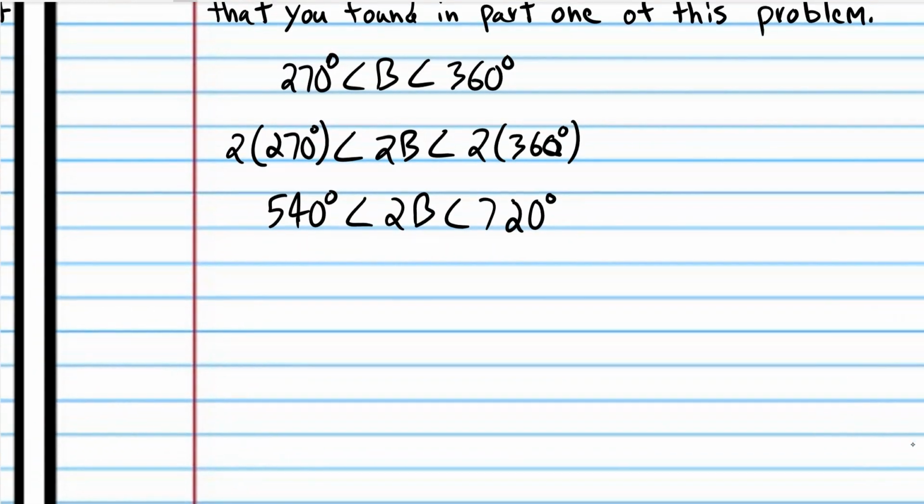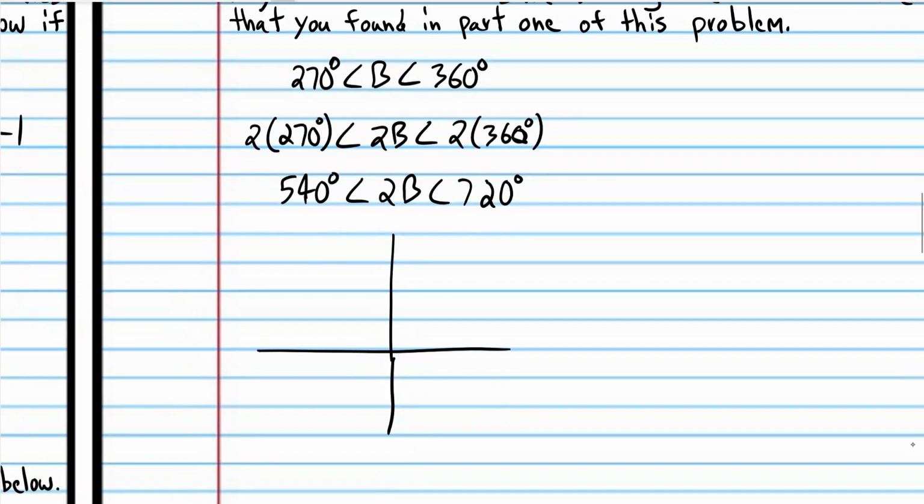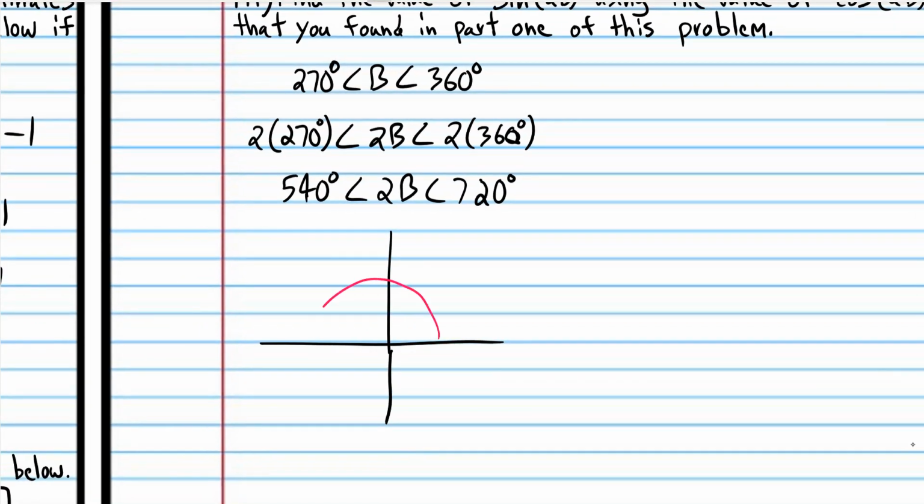So if we draw that angle 2b, we're going to go all the way around to 360 and then 450 and then 540, and then we're going to either be in the third quadrant or the fourth quadrant.